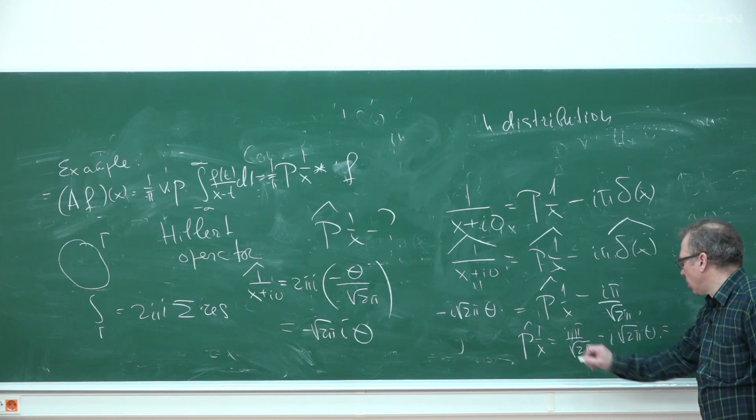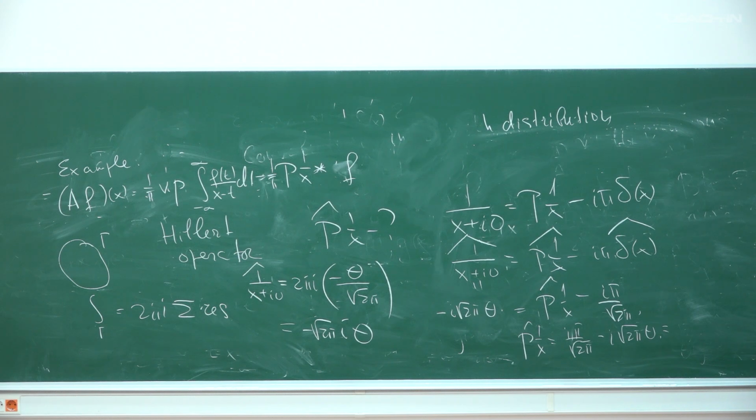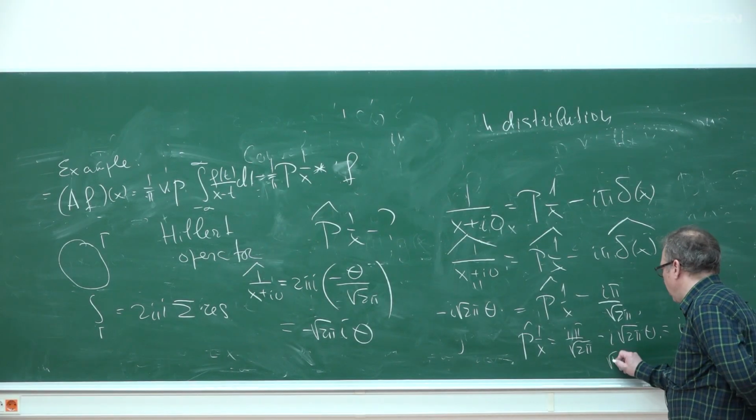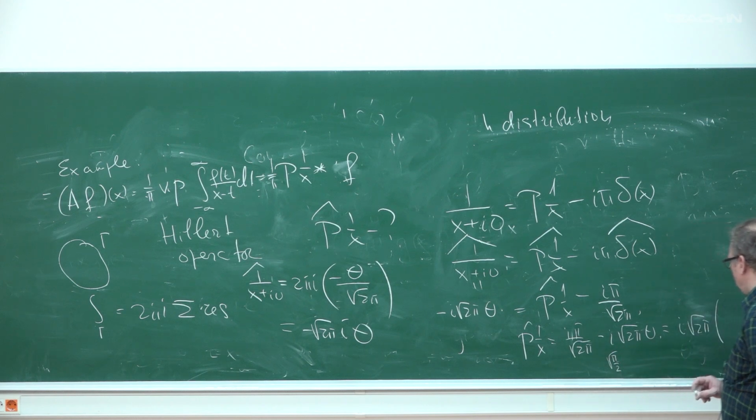What can you take out? It is square root of p over 2, like this. And 1/2 minus theta equals what? Here 1/2, here minus 1/2. What is that function?